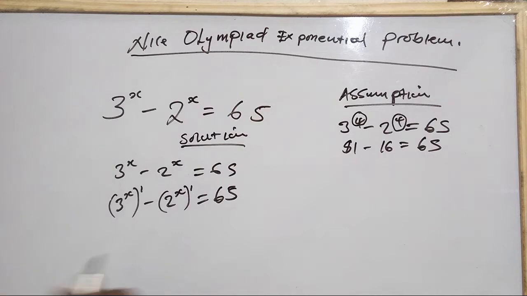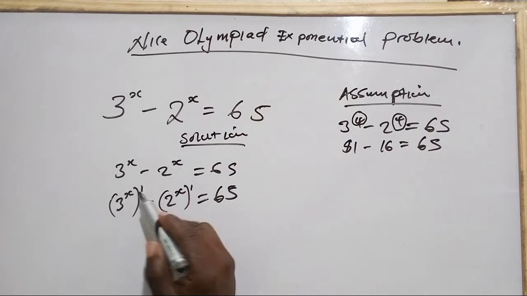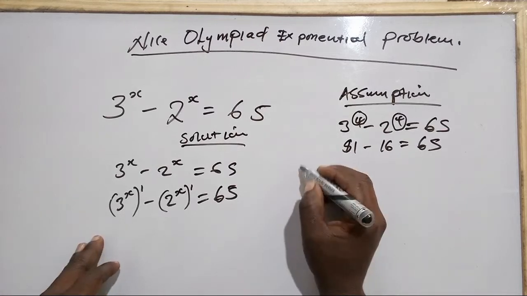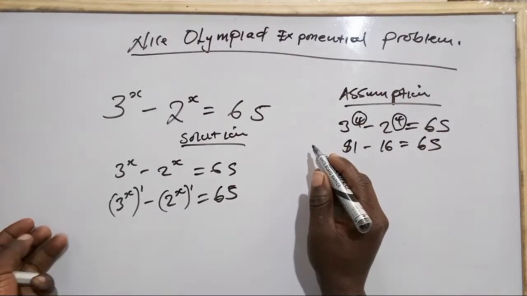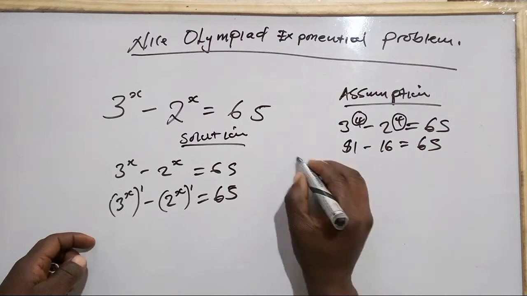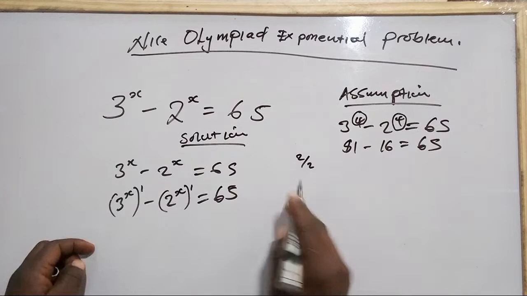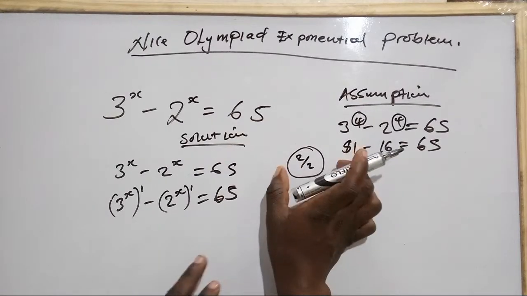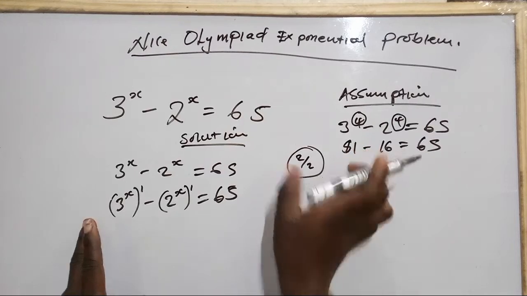So now, to find this, we can use any number. It can be 1 times 1, which is 1. So let's take 2: 2 divided by 2 is 1. So we take these numbers as a fraction.